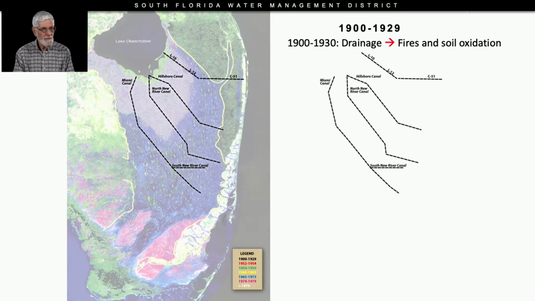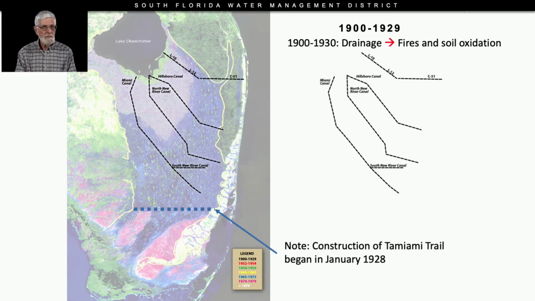And so they were very effective in starting the process of bringing the water levels down, and as a result, causing the fire and soil oxidation, which I'll talk about in a minute.